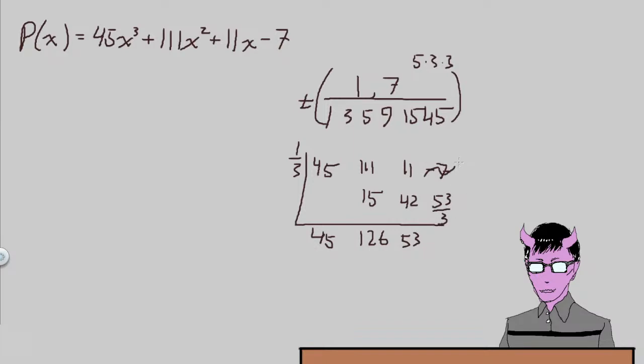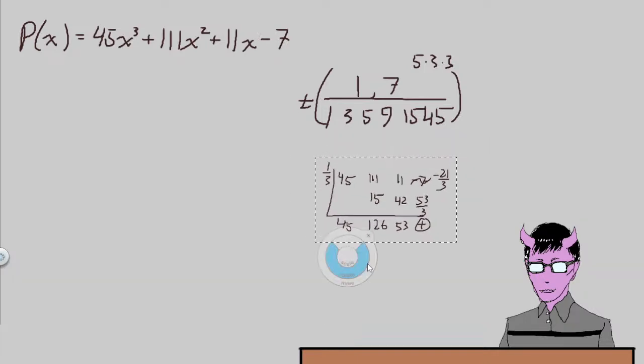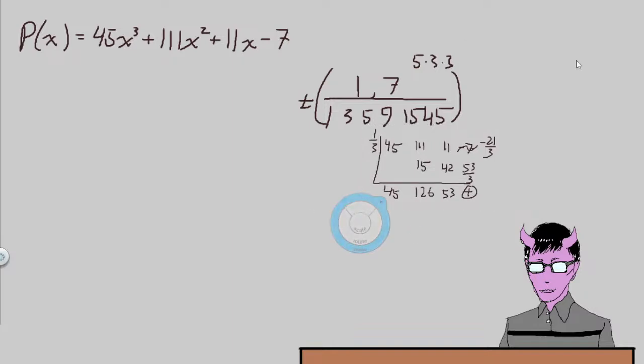So negative 7 is negative 21 over 3. So as promised, the end sum is a positive number. Therefore, 1/3 is not a 0. Therefore, x minus 1/3 is not a factor. Okay. Too bad. Such is life. We move on. Alright, so 1/3 did not get us a 0.